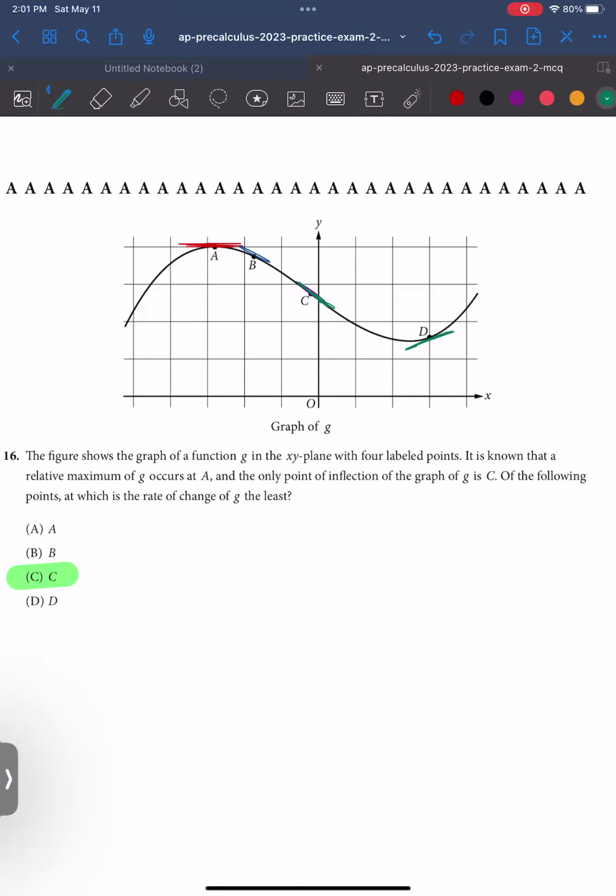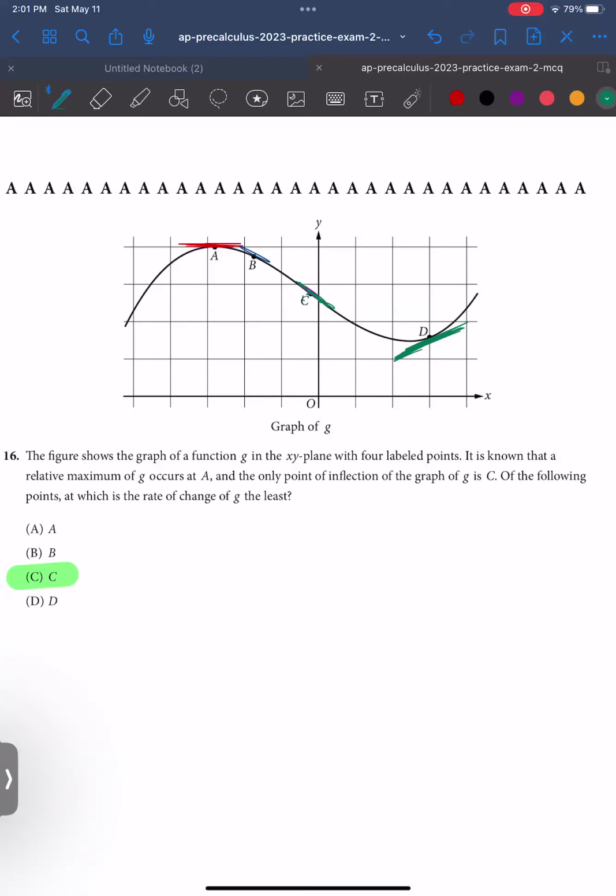Remember, the more of a separation like D, the greater the value. It's going to have a greater rate of change. Now, the other thing is that the point of inflection always has a rate of change going from decreasing to increasing. So that kind of cancels it out. So that's what makes it less.